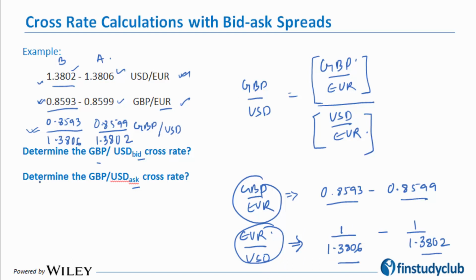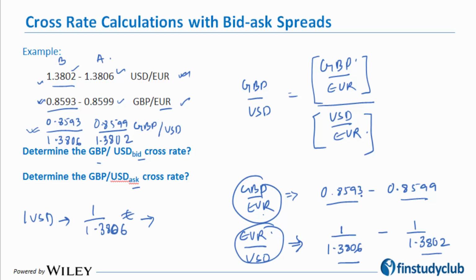So effectively, if I have one US dollar, that can get converted into 1 by 1.3806 euro, because this is the rate at which I can sell my dollar in the euro dollar market to fetch these many euros, and these many euros could be sold in the GBP euro market to get these many GBP.